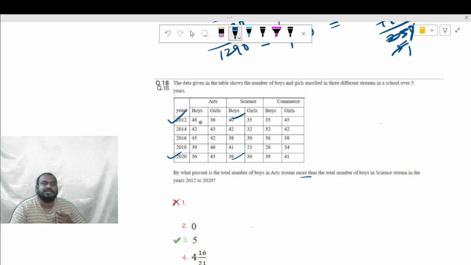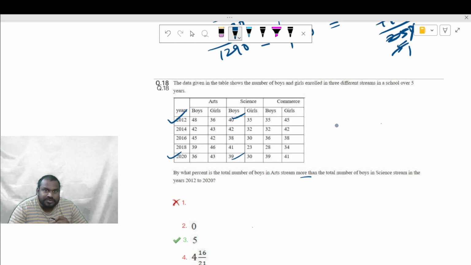See, for calculating this, 2 is extra, put it here, 50. 50 plus 40, 90. And you add 4 here and 1 here.